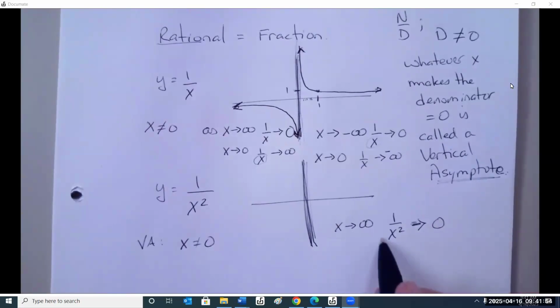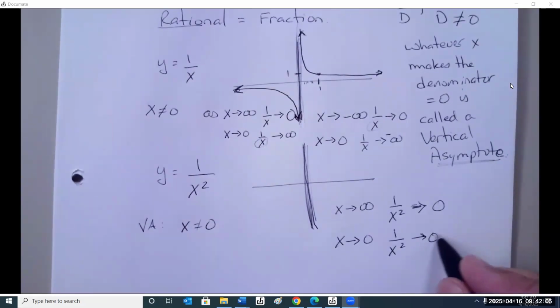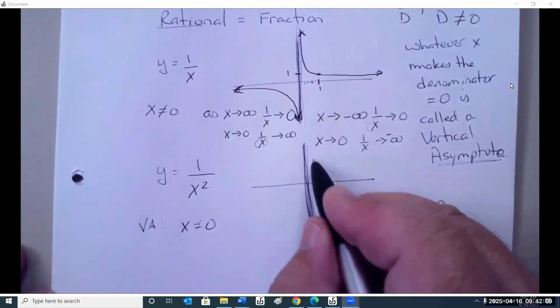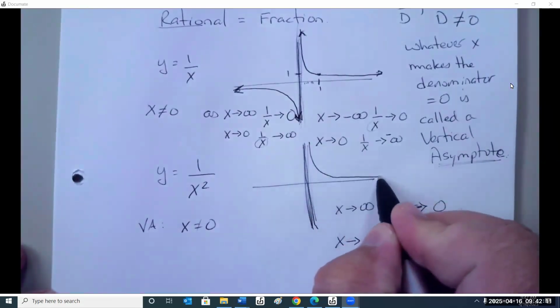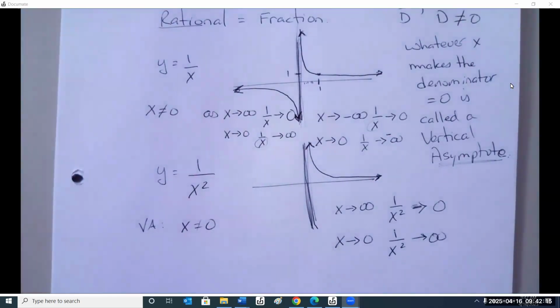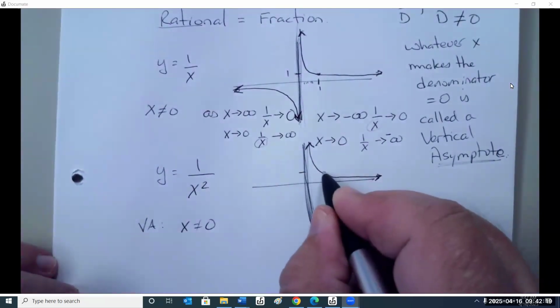Yeah, a lot faster because it's squared. When x is going the other direction, closer to 0, what happens to the number? It goes to infinity. So this side will look like this. At 1, it equals 1.